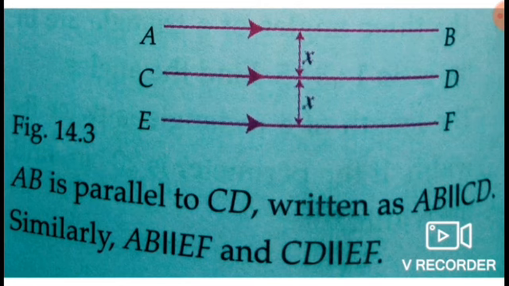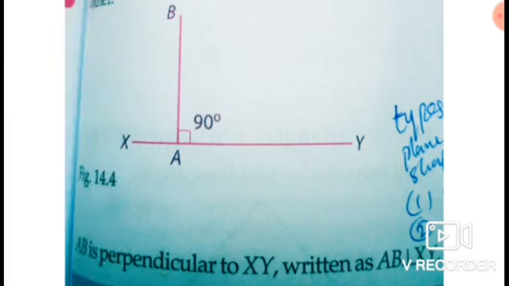They are parallel to each other. Even CD against EF, parallel to each other. The symbol AB // CD, that double slash means parallel to CD. Similarly, AB // EF, and CD // EF.